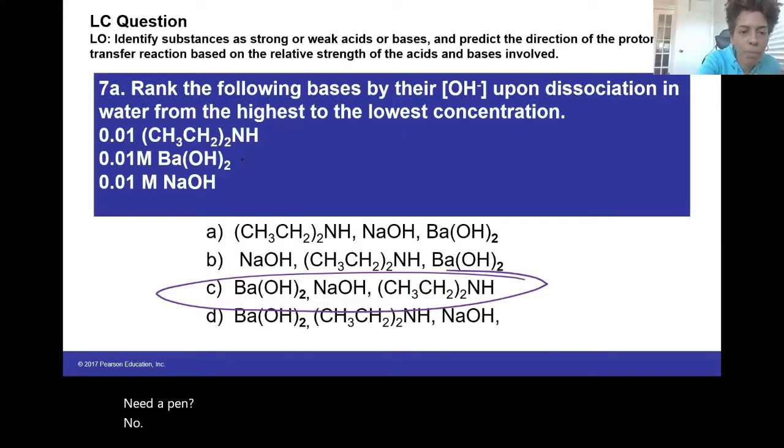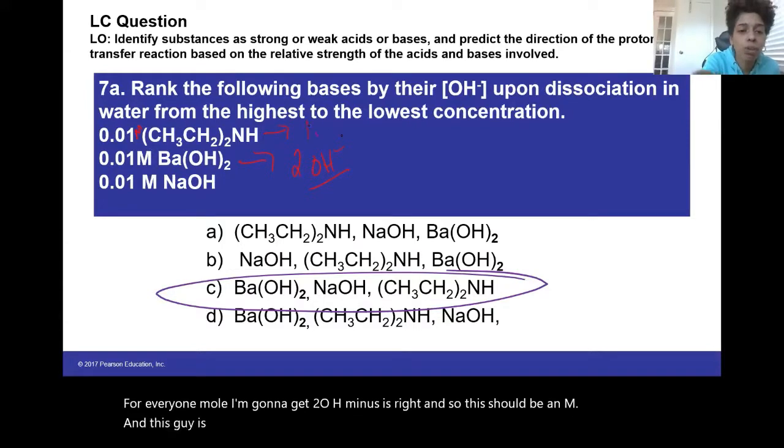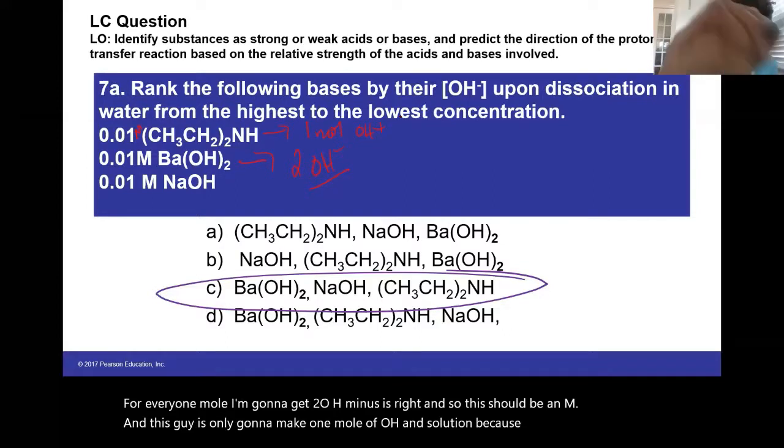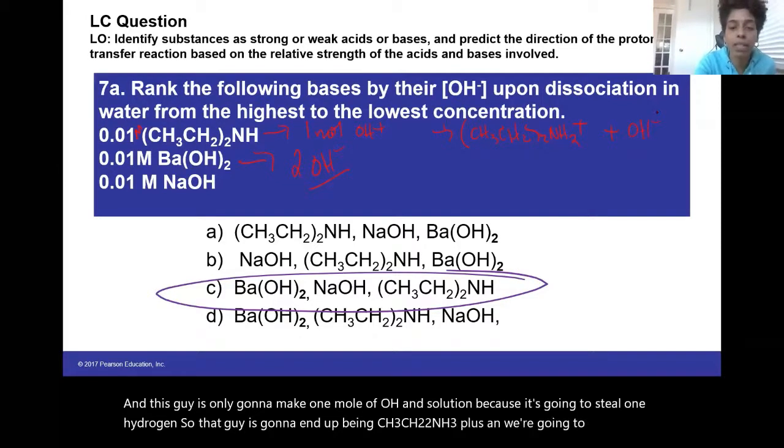For every 1 mole, I'm going to get 2 OH minuses, right? And so this should be an M. And this guy is only going to make 1 mole of OH in solution, because it's going to steal 1 hydrogen. So that guy is going to end up being CH3CH2CH2NH3 plus. And we're going to end up with OH minus in solution.